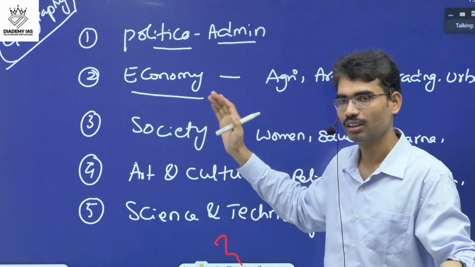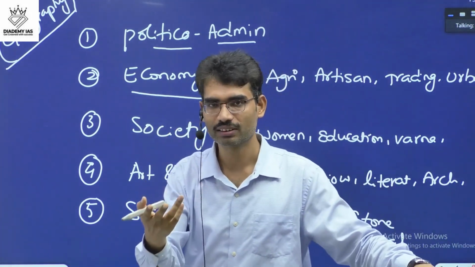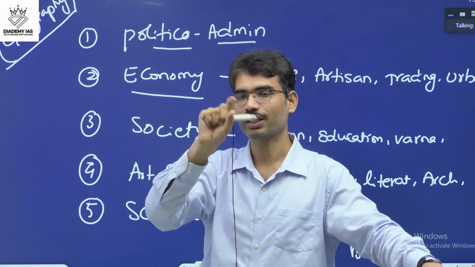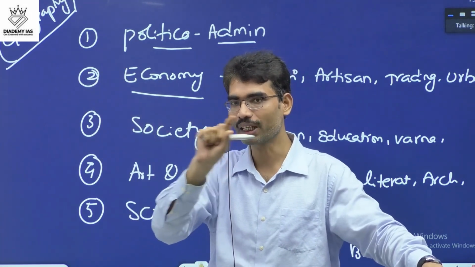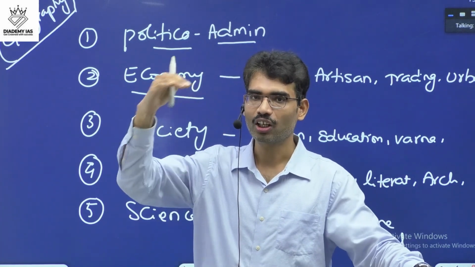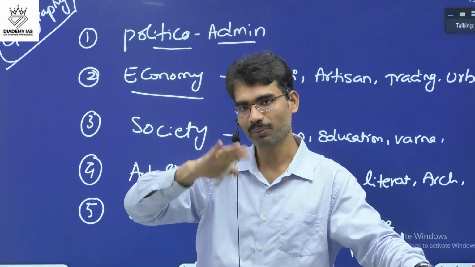Now when it comes to GS, you can observe, in the Mauryan period, economy, society, art and culture became a single line. When it comes to modern India, economy itself became a separate chapter, society a separate chapter.